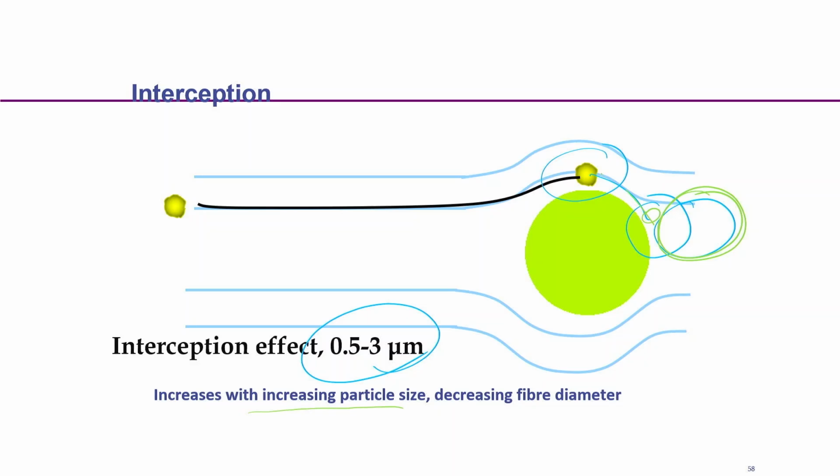As particle size increases, if at all it follows the air path, the chances of trapment will be more, and decreasing fiber diameter. Decreasing fiber diameter means it will have more chance of having smaller pore size. So, there it will get trapped.